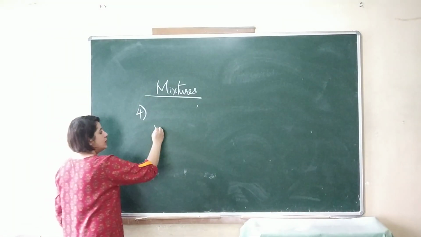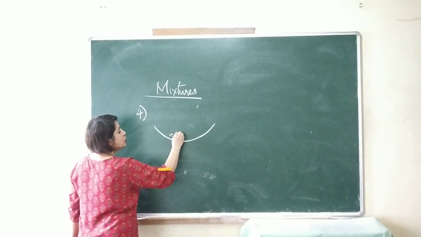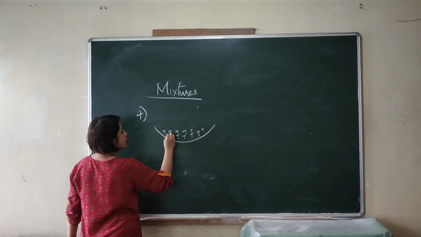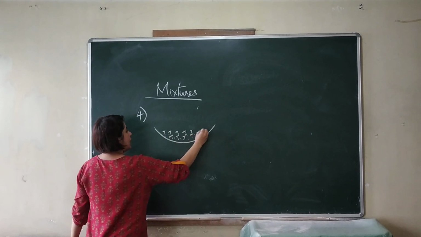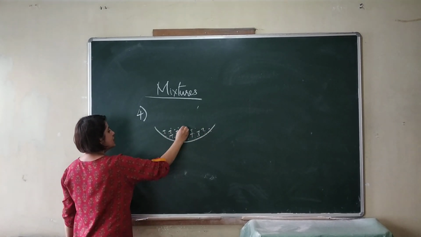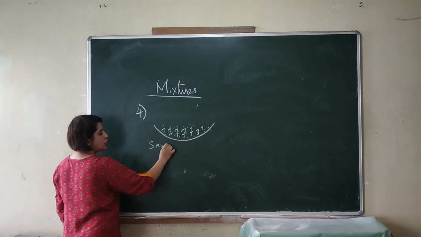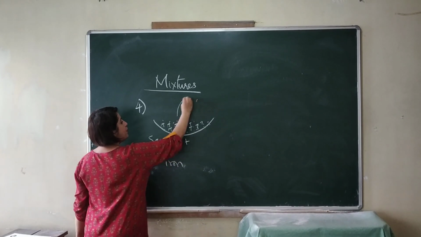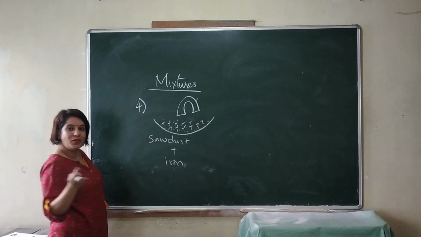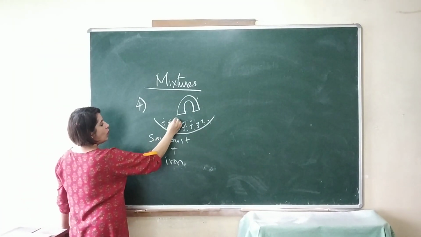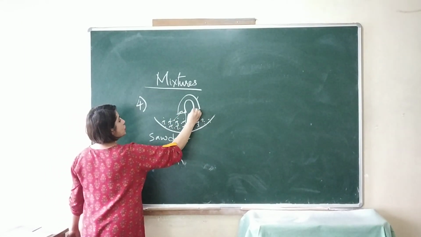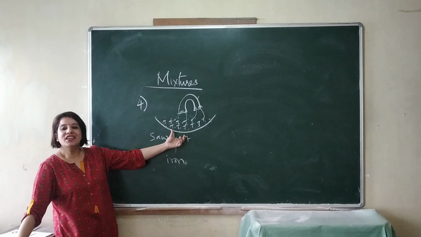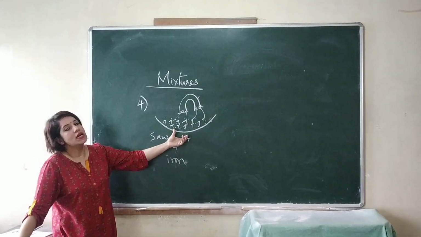So for example, if I take a mixture of iron and sawdust, I hope everyone knows what sawdust is. I bring a magnet. What will happen? All the iron will be attracted to the magnet. So see here, in a mixture, the characteristics have not changed.